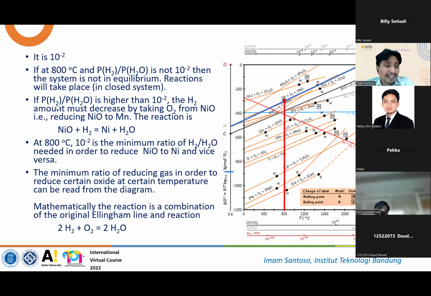Reaction will take place. If it is bigger than 0.001, reduction will happen. Okay, guys? So, therefore, in order for the reduction with hydrogen gas to take place, you have to maintain the ratio of hydrogen and water.